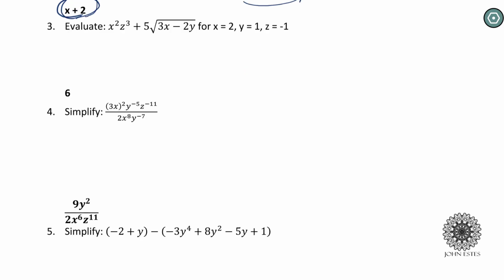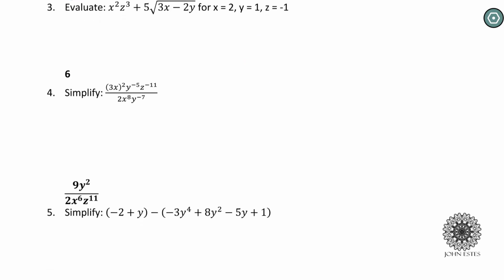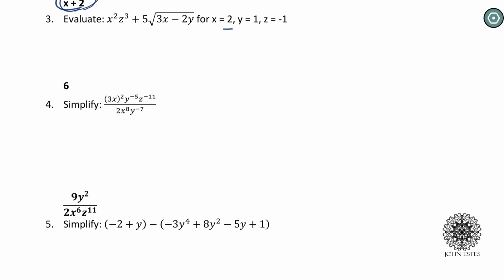For number 3, I want to evaluate this expression here, and I'm given values for x, y, and z. So it's a matter of plugging it in. So I have 2 squared times negative 1 cubed plus 5 times the square root of 3 times 2 minus 2 times 1. Okay, doing a little arithmetic here.